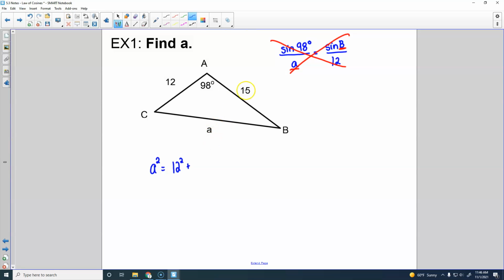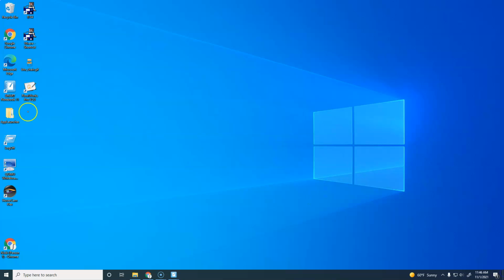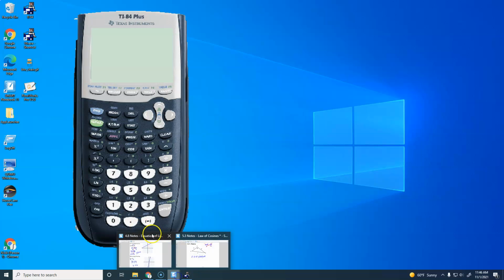Our C squared, which is going to be 15 squared, minus 2 times B, which was 12, times C, which was 15, cosine of 98. So the great thing about these problems is that you can just type all that into the calculator. You don't have to do it piece by piece. The calculator can handle it.